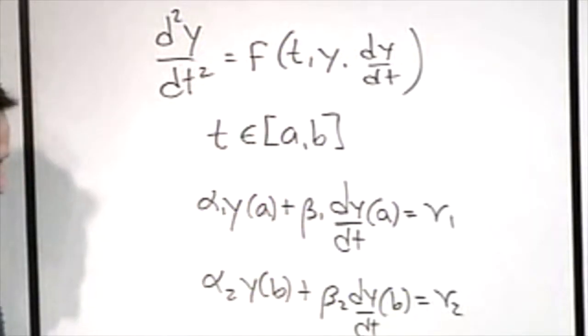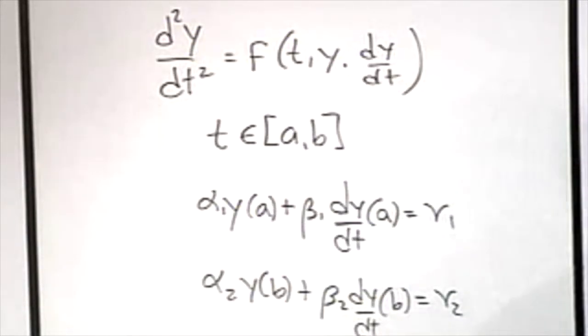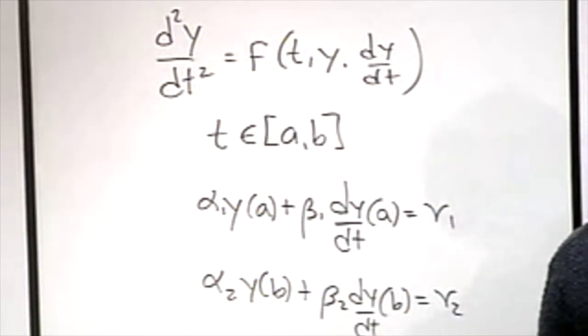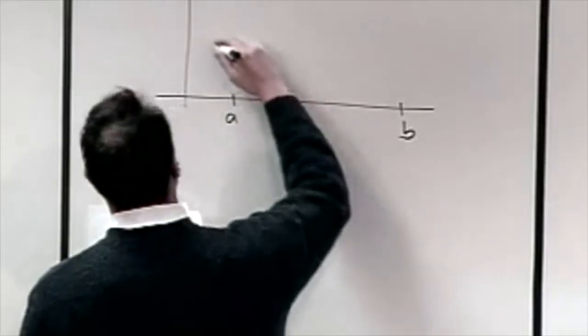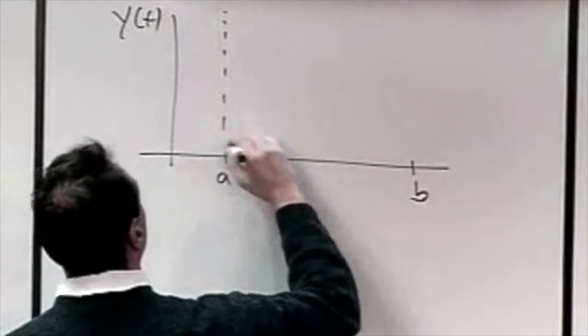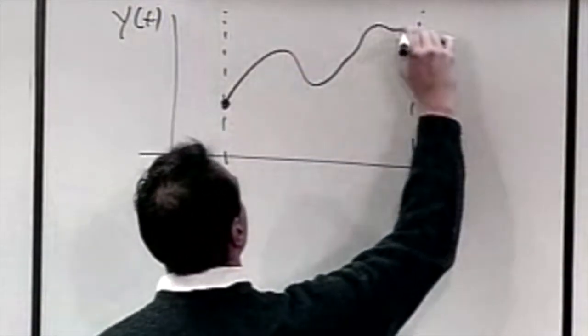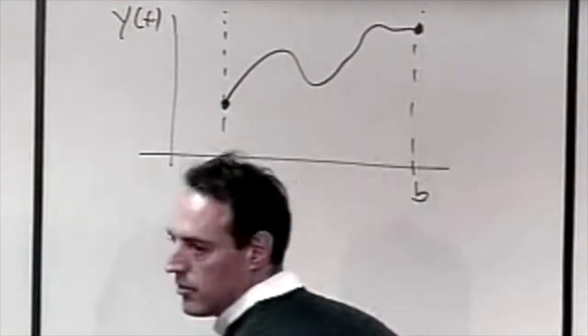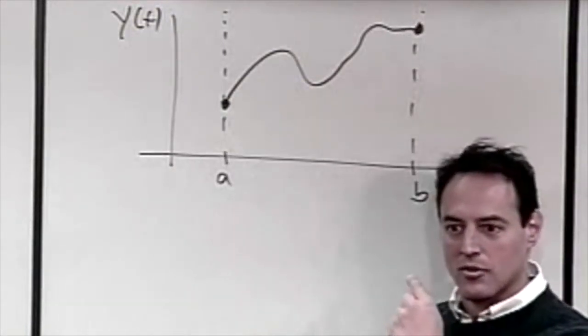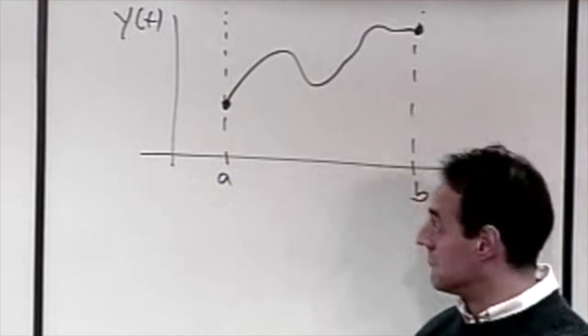So for instance, over here at A and at B, what y looks like is maybe something like this. Maybe that's what your solution looks like. Maybe that's your rod that got bent, and that's its state.